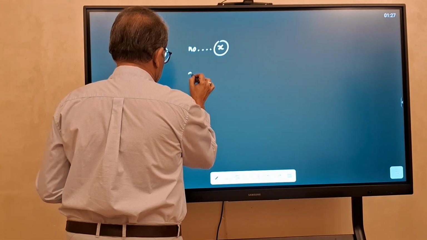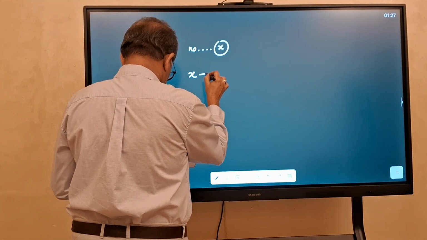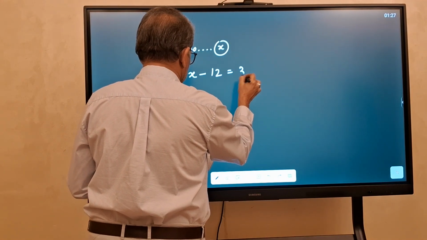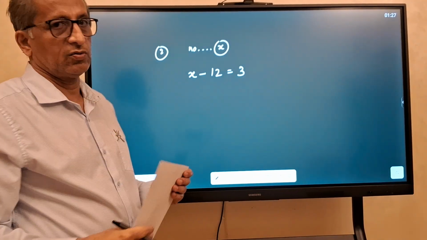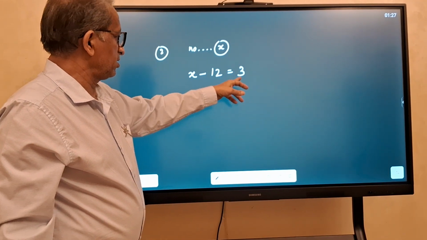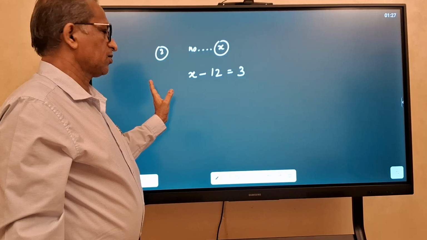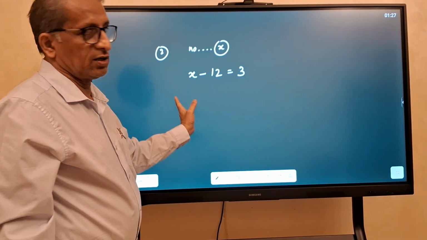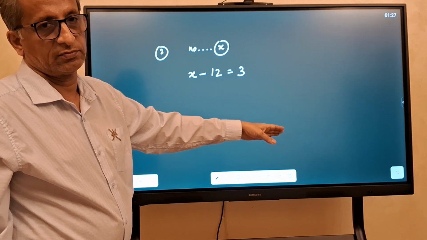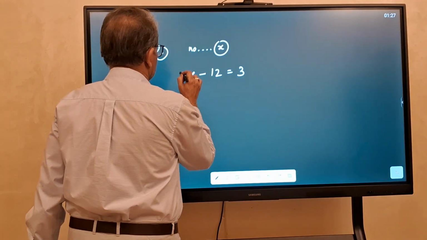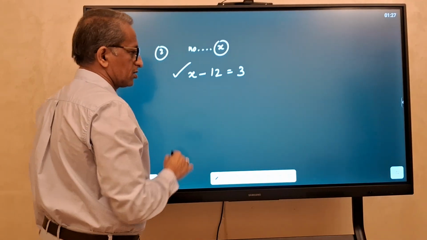So x first, minus 12, is 3. That is x minus 12 equal to 3. But if it is the difference of 12 and a number is 3, then it becomes 12 minus x equal to 3. See the difference here.